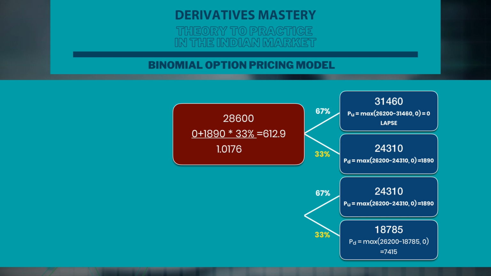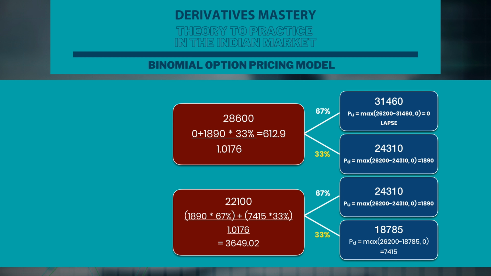Similarly, it is done for the down node, that is 22,100. From 22,100, there are two possible outcomes, which is it can go up to 24,310 where the payoff is 1,890, or it can come down to 18,785 where the payoff is 7,415. So 1,890 into 67% plus 7,415 into 33% divided by 1.0176 gives us 3,649.02.